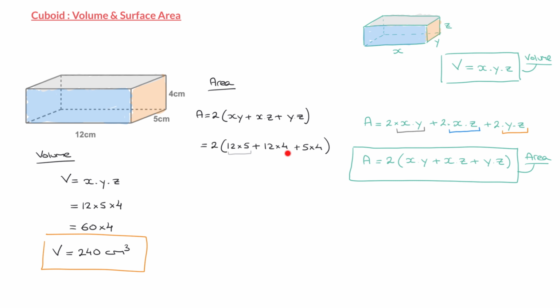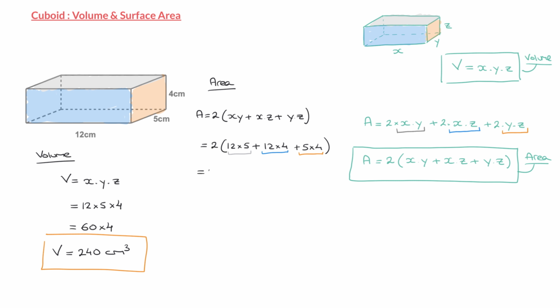The 12 times 4 we have here corresponds to the area of the rectangle we have both at the front and at the back of the cuboid. So that's the blue rectangle. And last but not least, this 5 times 4, well, that's for the orange rectangle we have on the right-hand side, which would also be on the far left-hand side over here. So that's the orange rectangle.